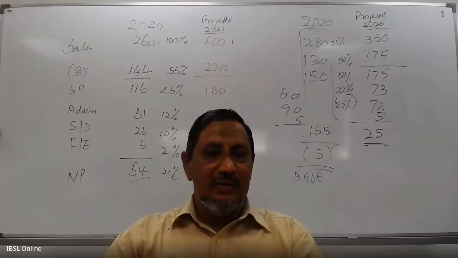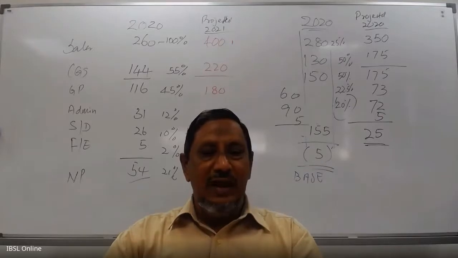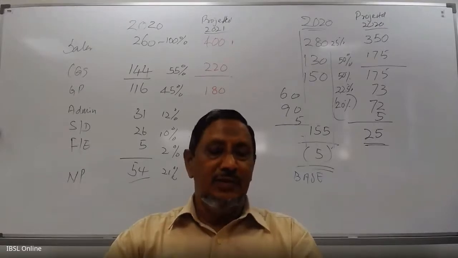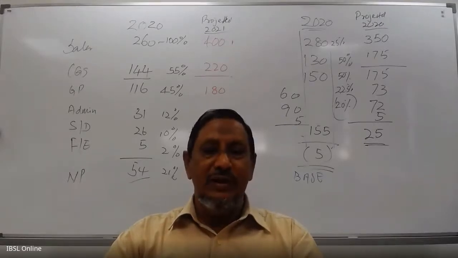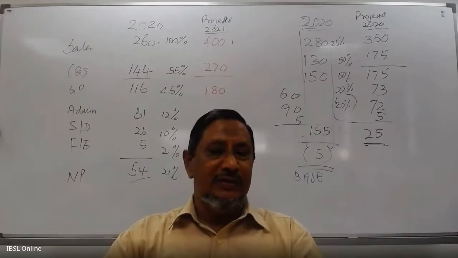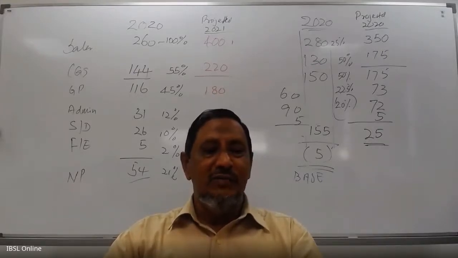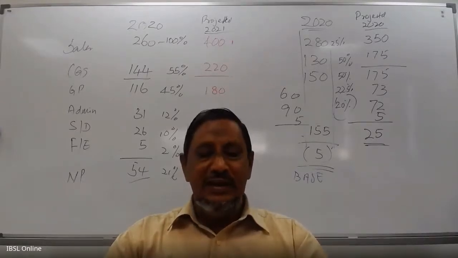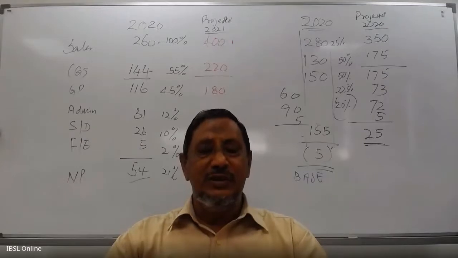He is not planning to borrow, and he intends to utilize the retained profit of the previous year for expansion. So he's not going to ask for any loan from the bank for expansion. But he will request short-term finance, TOD, from the bank as and when needed, to bridge that gap.